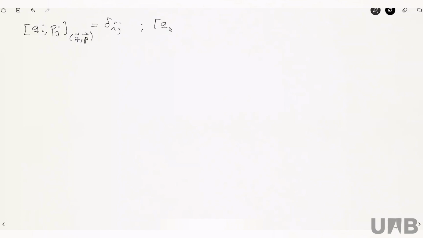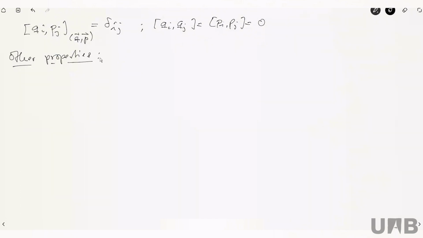And also Qi with Qj equals Pi with Pj equals 0. Okay, this is always 0. All right, so now we have defined the Poisson brackets. Now we can see other properties which are important.